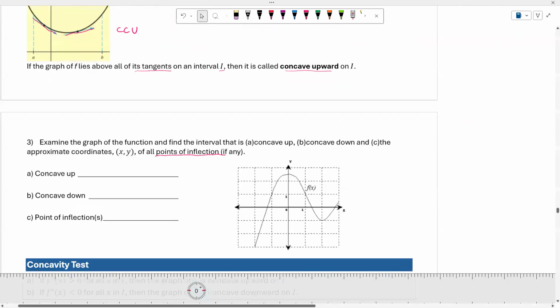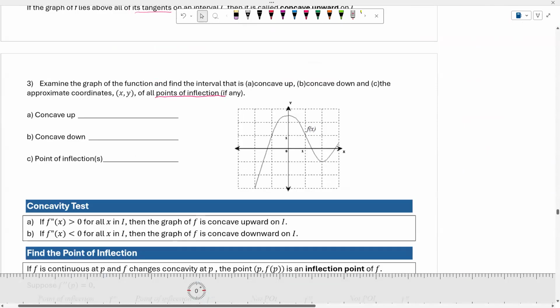So in this case, if we have the function f, how do we actually estimate the point of inflection? This actually is always my first approach.